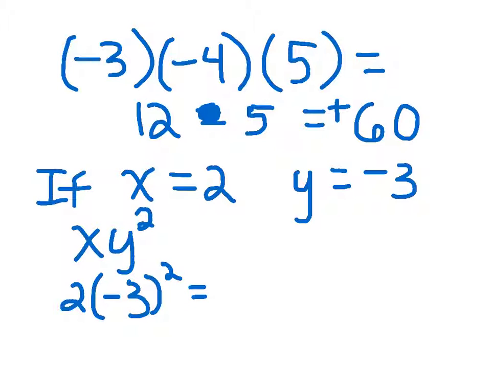I have to do exponents first. By the way, this is not considered grouping symbols because nothing's happening inside the parentheses. I am raising negative 3 to the second power. A negative number raised to an even power is a positive. And then I bring this down and I don't change the order. 2 times 9 is 18.